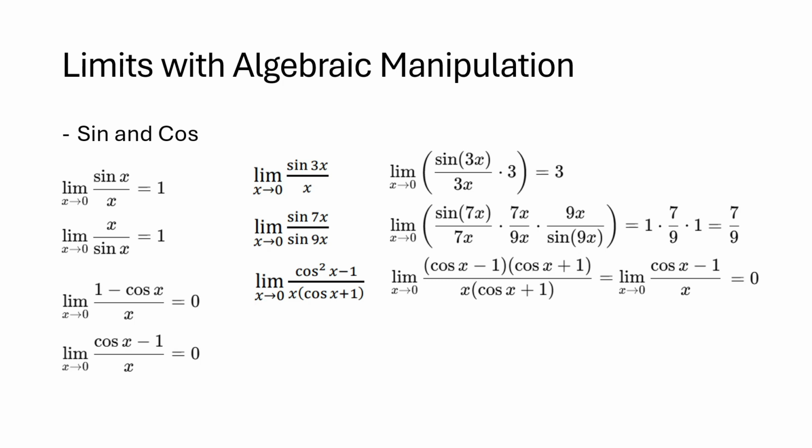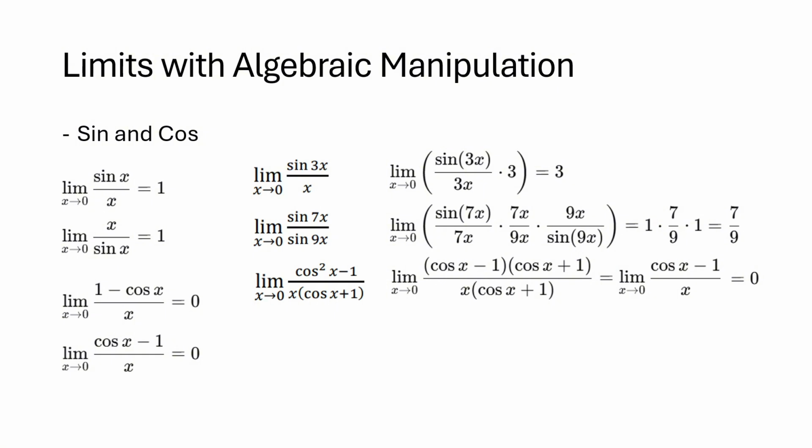On the right are some examples on how to do algebraic manipulation to try to set the limits similar to sine x over x and 1 minus cosine x over x to get your answer. So I will quickly go over the first question. The other two you can understand for yourselves. So we have sine 3x over x and x approaches 0.